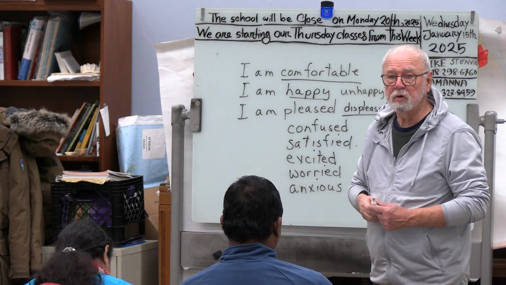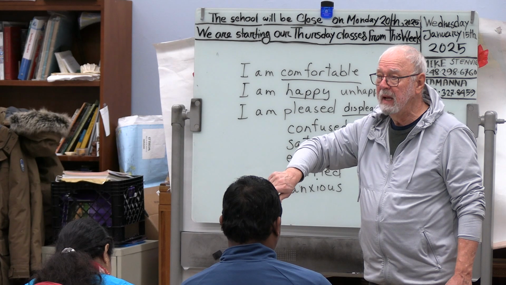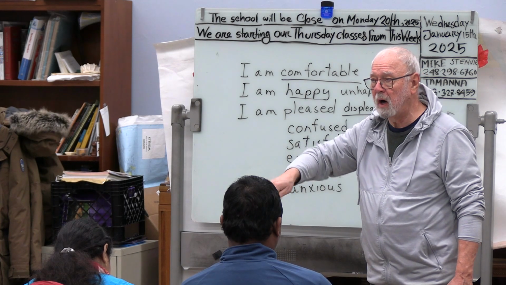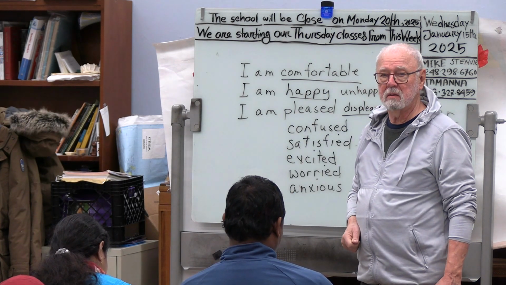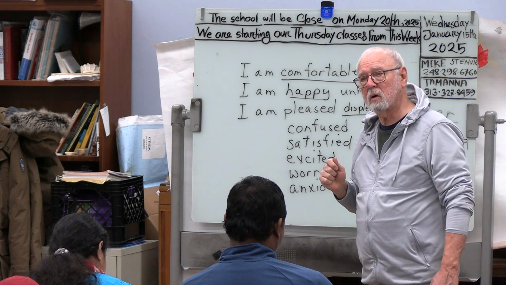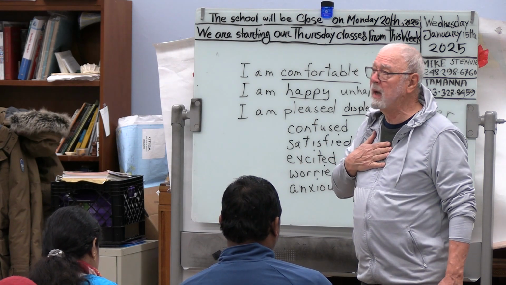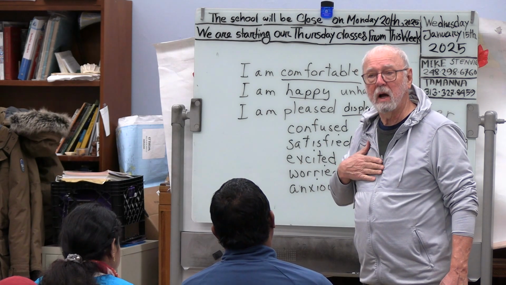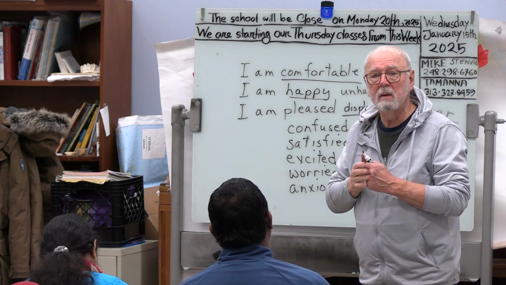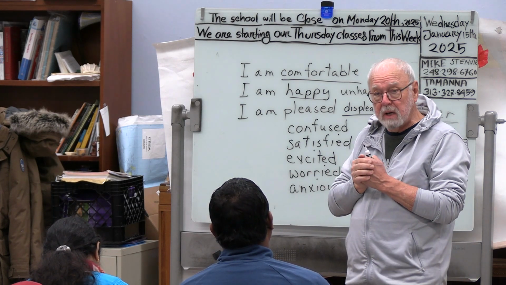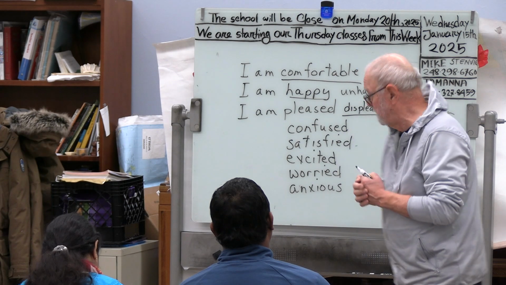So you go to your car and you try to start your car. It doesn't start. You have to go to work. How will I get to work? I'm upset. Maybe I won't get there on time. My boss may be angry at me. I am worried.